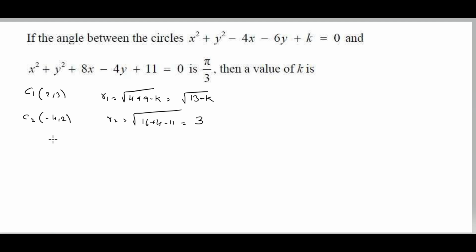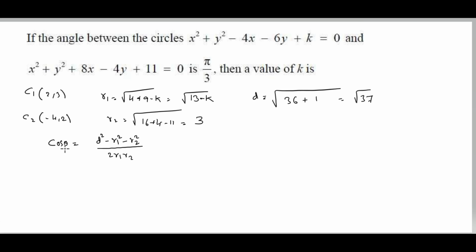We know the angle between the circles: cos theta is equal to d square minus r1 square minus r2 square by 2 r1 r2. Here d is the distance between the centers, that is 2 plus 4, 6 square, that is 36, plus 3 minus 2 whole square, which is 1, so d square is 37.